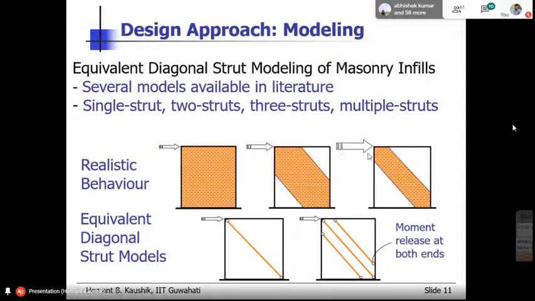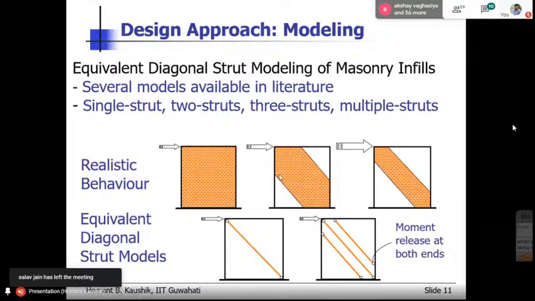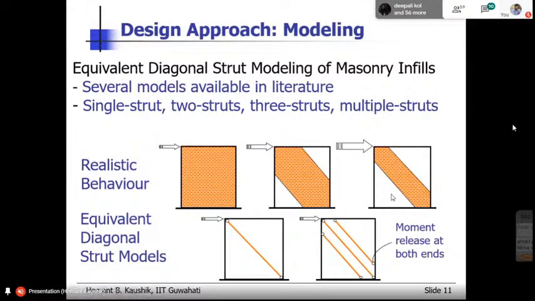But the important point is the axial force increases. Though the area reduces, the axial force goes on increasing. So this typical behavior of masonry infill RC frame gave rise to these simplified modeling techniques, that we can model this as a single element here.